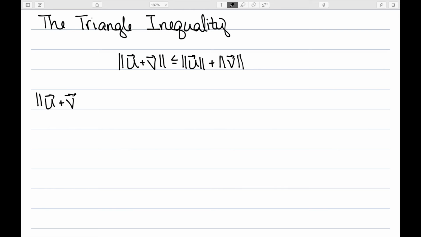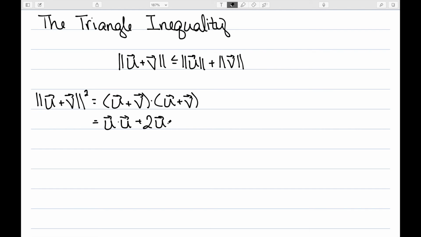In order to prove this, I'm going to start with the length of u plus the length of v squared. By definition, this is u plus v dot u plus v. Using my distributive property, this is u dot u plus 2u dot v plus v dot v.